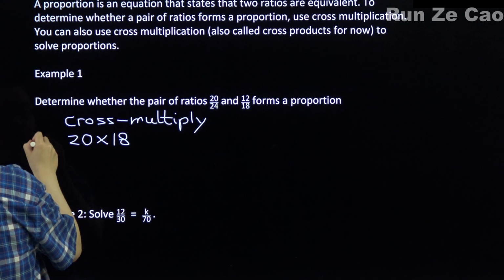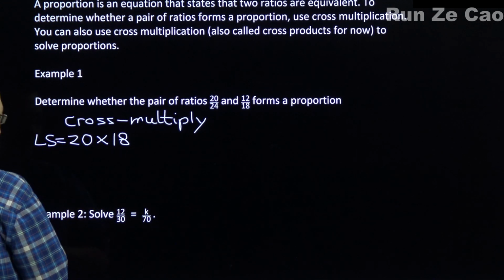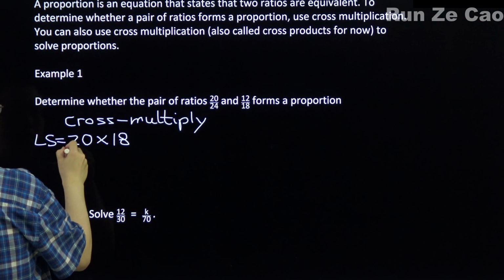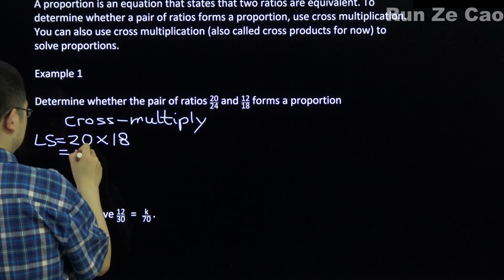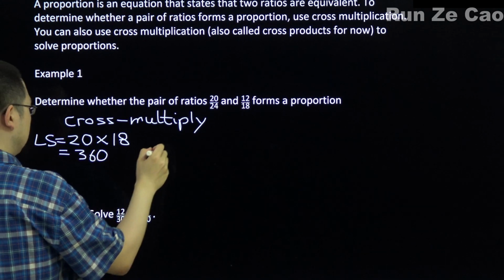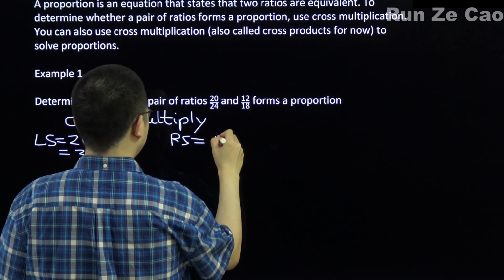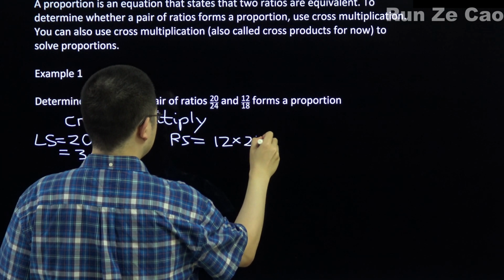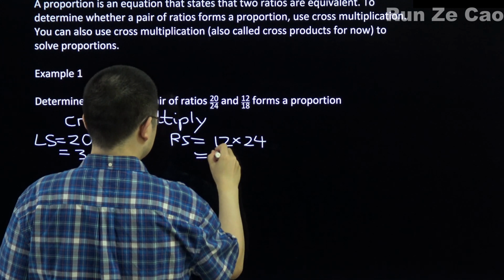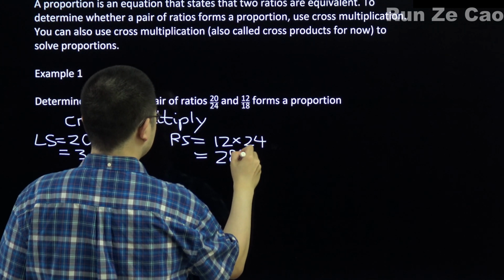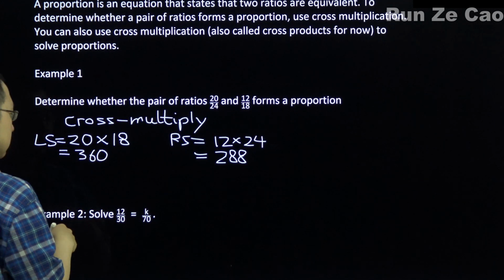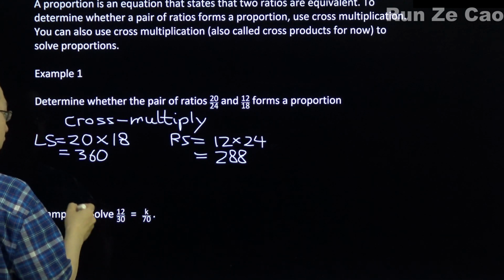So left side will end up being 20 times 18, which is equal to 360. And right side is equal to 12 times 24, which is equal to 288, because it's twice of 12 squared, which is twice of 144.